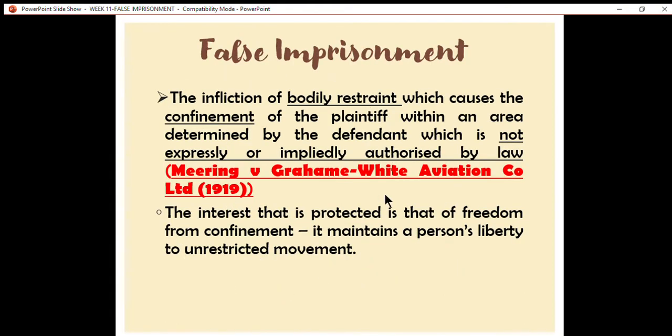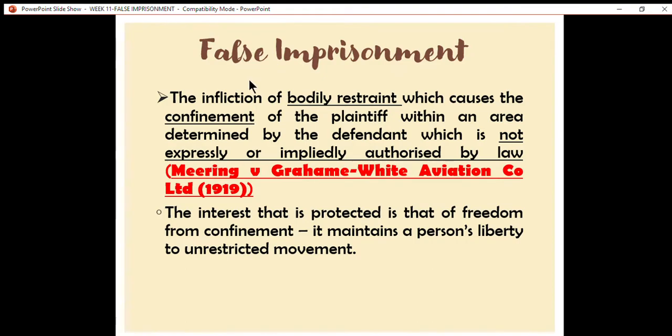So let's continue with the definition of forced imprisonment. Literally, forced imprisonment means unlawful constraint, or a constraint without any legal justification. Sometimes it may restrict your freedom of movement, and this is also called detention without reason, without lawful authority.